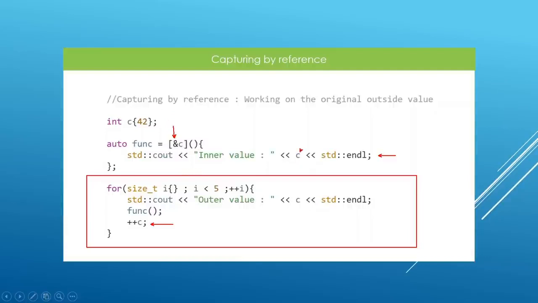What we have inside our lambda function is a true reference to the outside variable. Now the outside and the inside are going to be incrementing together, and we're going to have 42, 43, 44, and things like that printed out on the console.